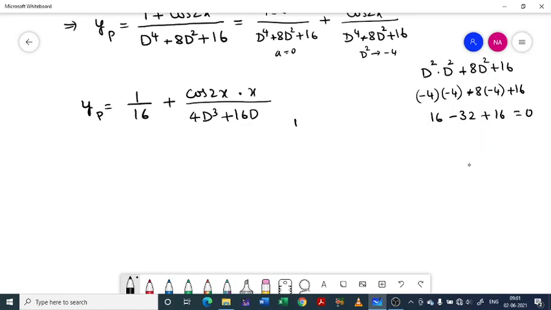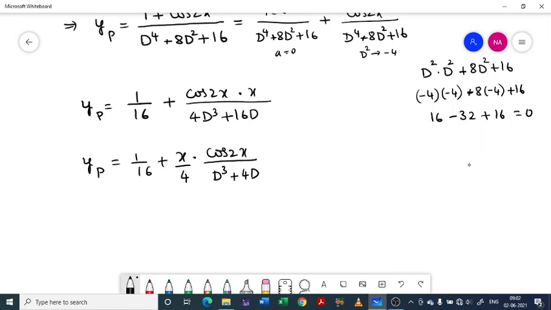Now replacing d square by minus 4, you get something different. Let's see what is that term. 1 by 16 plus x into cos 2x divided by, see, d square by minus 4. Okay, before replacing, do some simplification. Take 4 outside, x by 4. You will be left with d cube plus 4d.